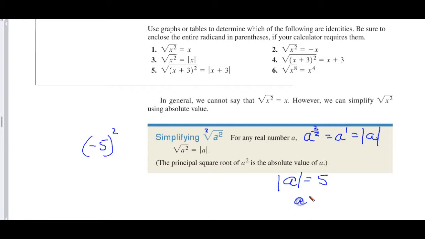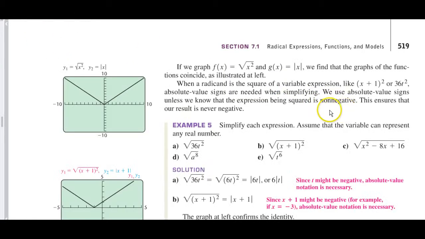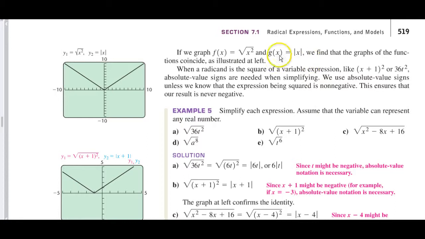We said a could be a 5 or a could be a negative 5. That's from an earlier section we did. All right, let's go on. So we have done this already, and if we graph it, remember we get the typical absolute value shaped graph.